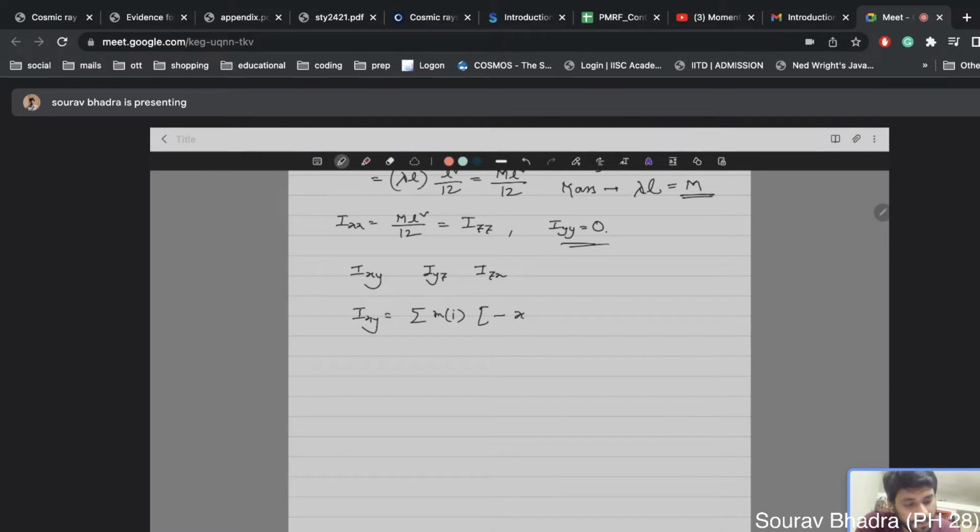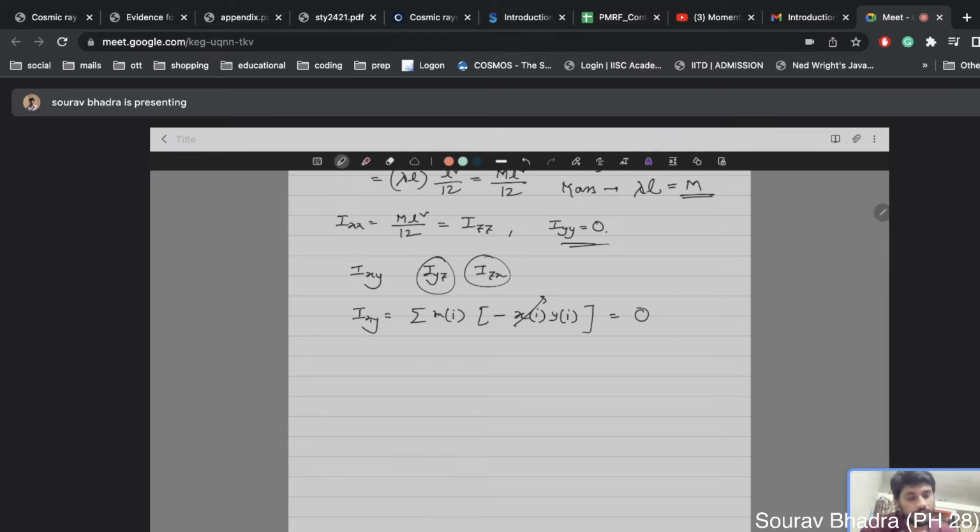Only the second term, which is xi and yi. As you know, for this particular system, all the xi are 0, so it will give you Ixy as 0. Similarly, if you calculate Iyz, Izx, all of these will give you 0. So the cross components of the moment of inertia tensor will be 0, and only the Ixx and Izz non-zero components will be there.